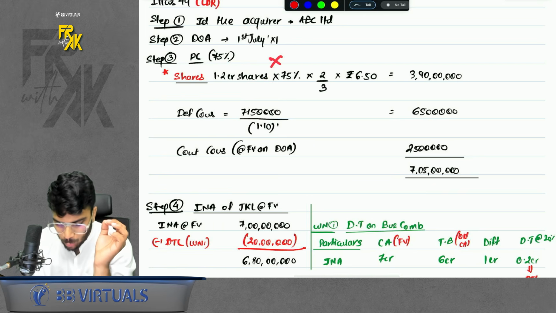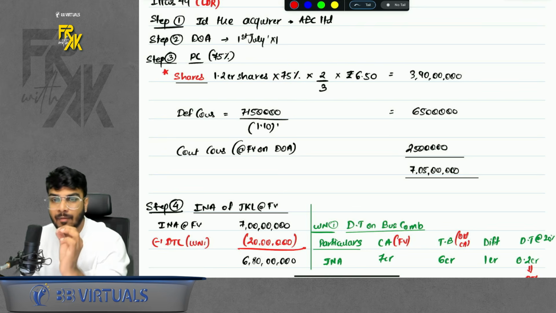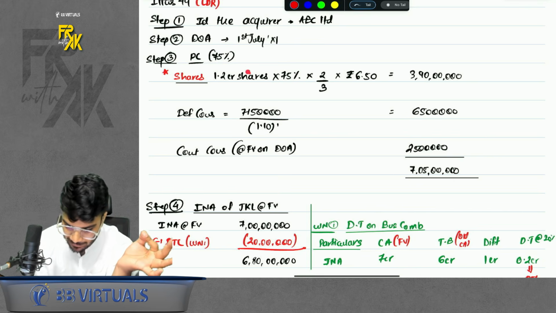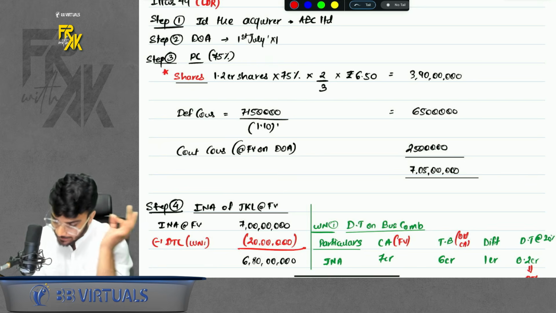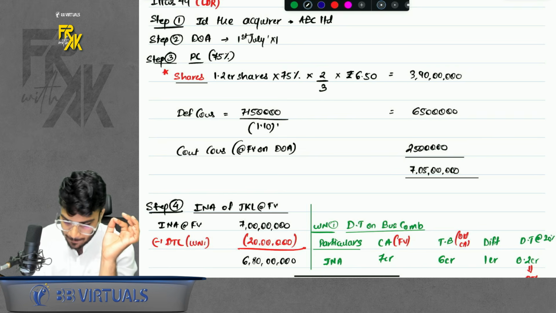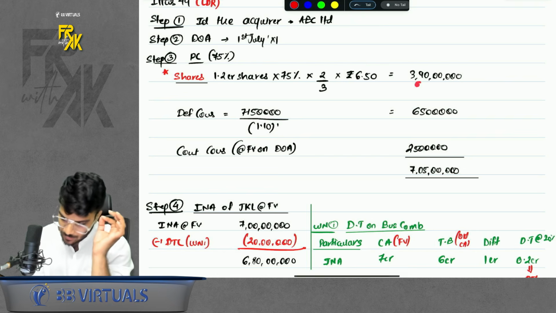Don't directly do 2/3. First multiply by 75%, because you have acquired only 75% of that company. Then do 2/3 and then multiply by the share price of the purchasing company. You will get the PC in shares.